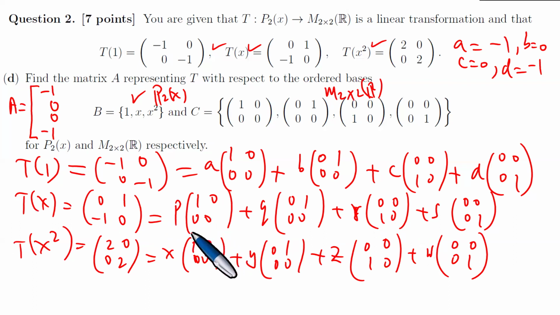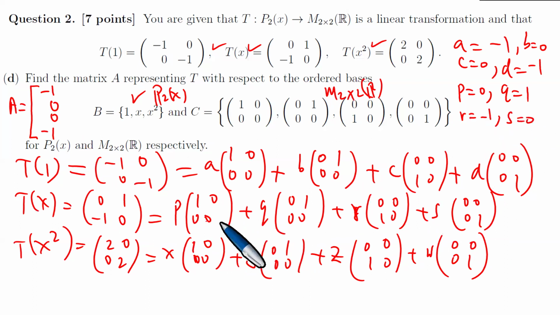Next, let's come to this one. What is this one here? This one is going to be P, but the rest is 0. You can see that P is 0. And then here you're able to see that Q is 1. And then this one, R is -1. And then S is 0.